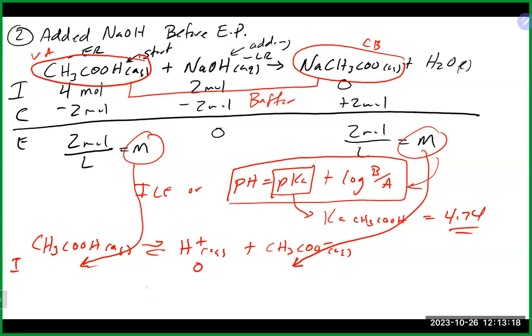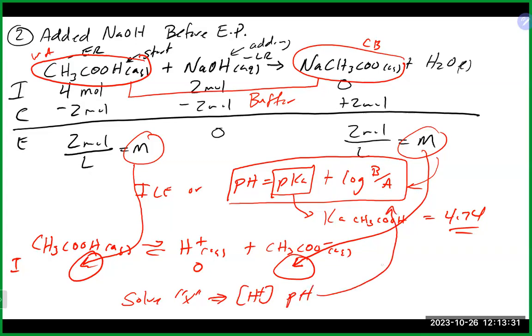So if you chose the ice table, it's important to take down both of those to the proper spots. And obviously here you would solve for X, and that would be your H+ concentration into your pH, and it should give you the exact same answer as if you went into the Henderson-Hasselbalch equation, whichever one it may be along the way.